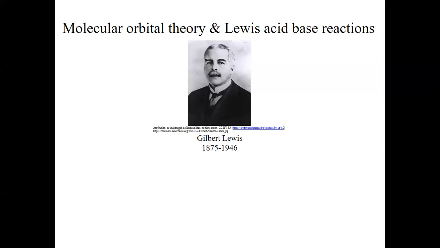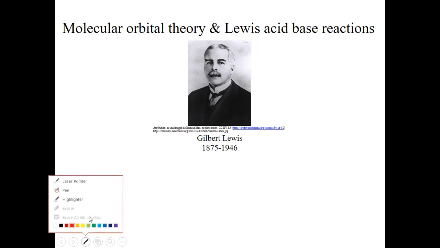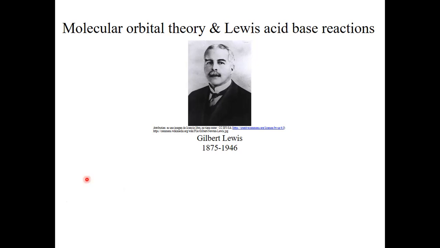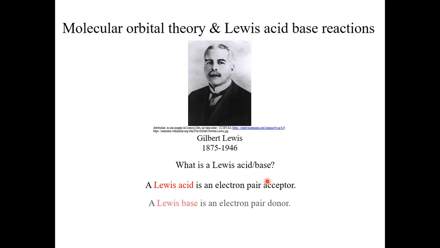So that theory was developed by Gilbert Lewis, and according to Gilbert Lewis, an acid is an electron pair acceptor, and the base, Lewis base, is an electron pair donor.